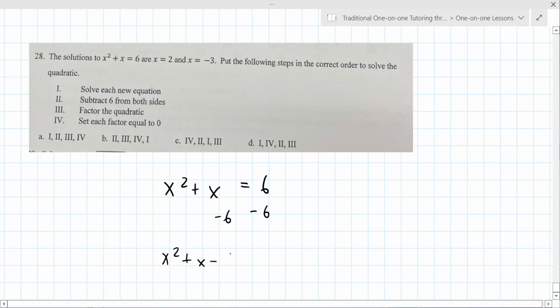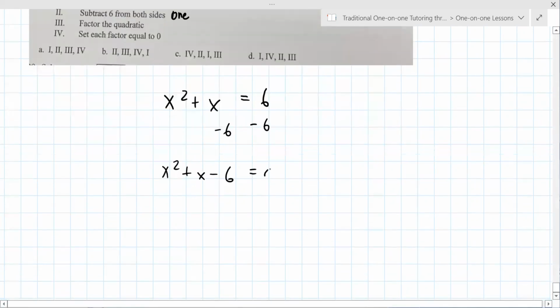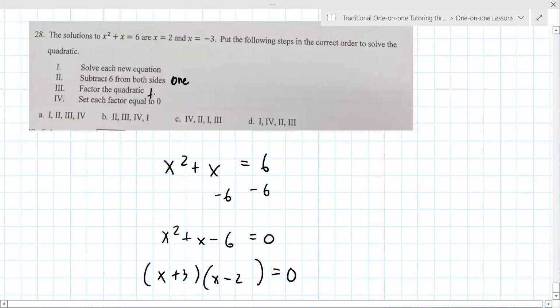Okay. So that's 1. Then you factor. So that's 2. You set each factor equal to 0.